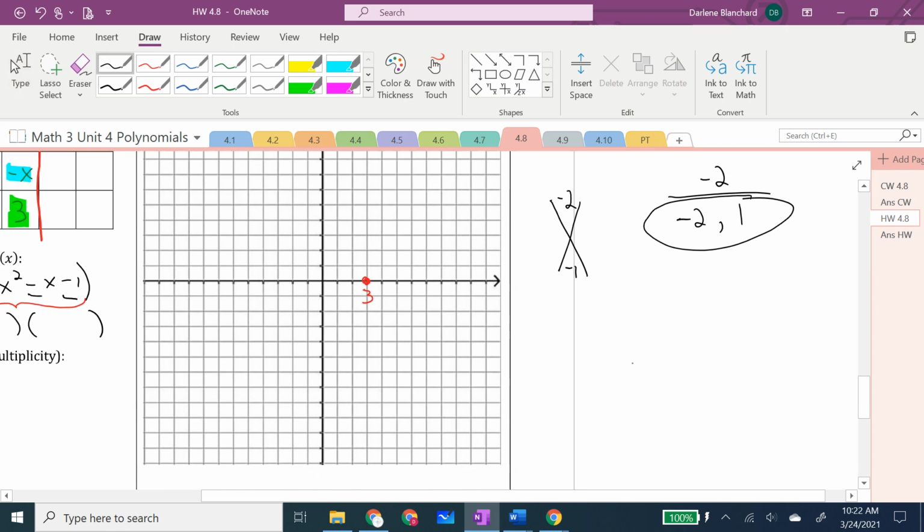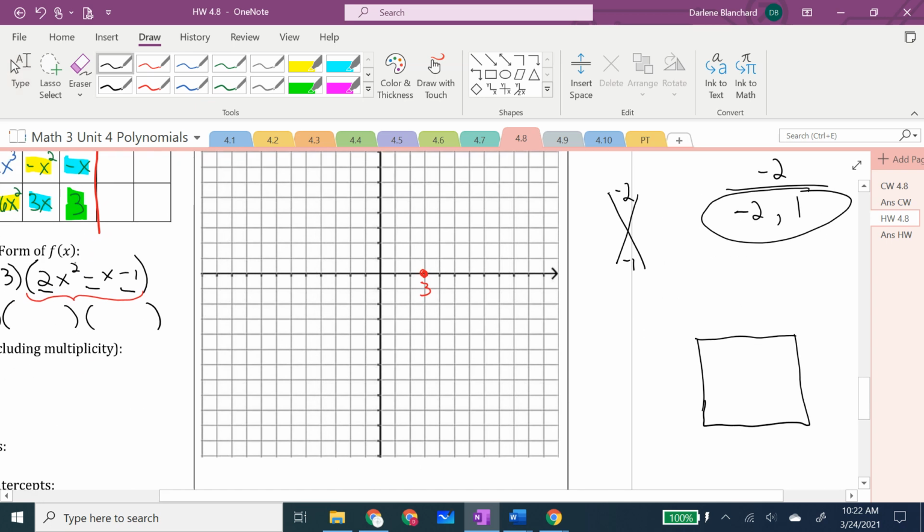But all that does is tell me how to split that piece up. I'm trying to factor the polynomial that has a 2x squared. Its constant term is a minus 1.